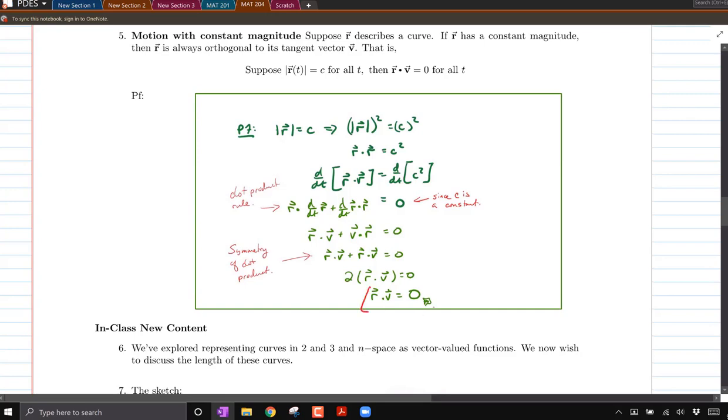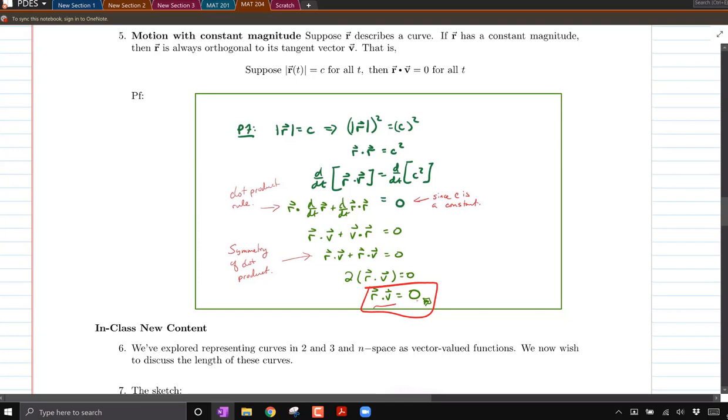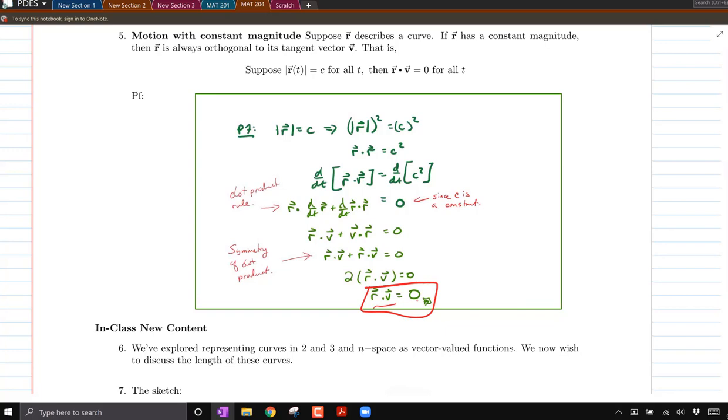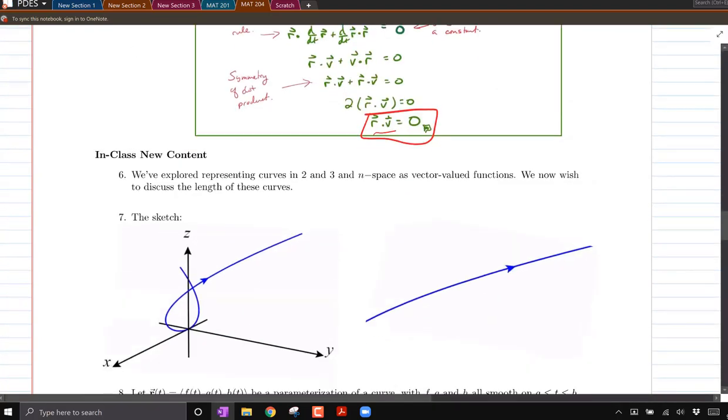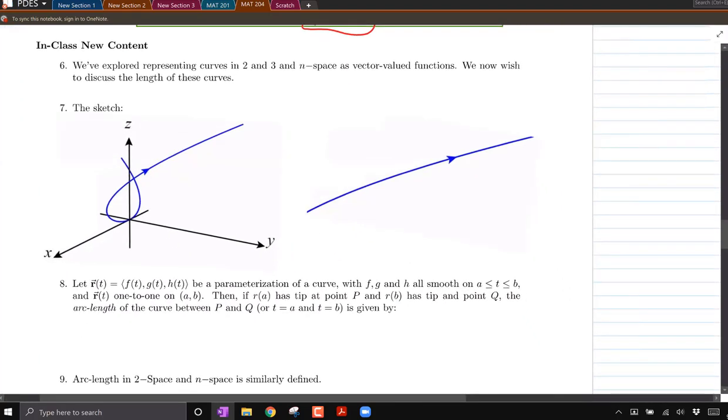And eventually we get down to a statement that says, if r has a constant magnitude, so you've got a vector valued function with constant magnitude, then when you dot it with its derivative, the result will always be 0, and the geometric interpretation of that is that the vector function and its tangent vector are always orthogonal to one another. So we're going to need that later on today, so I just wanted to highlight that since it was right above where we're starting off.